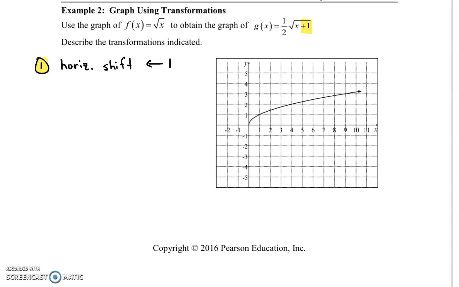And then the second thing we have is a vertical compression by a factor of 1/2.